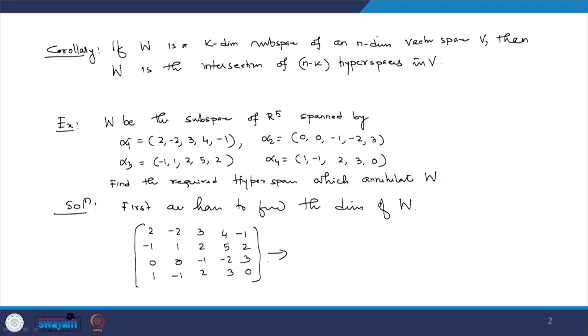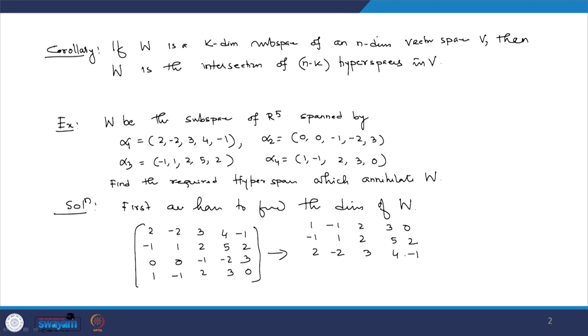Now, let me go for the row reduced echelon form. For this, I will take the first row as 1, minus 1, 2, 3, 0, then minus 1, 1, 2, 5, 2, then 2, minus 2, 3, 4, minus 1.